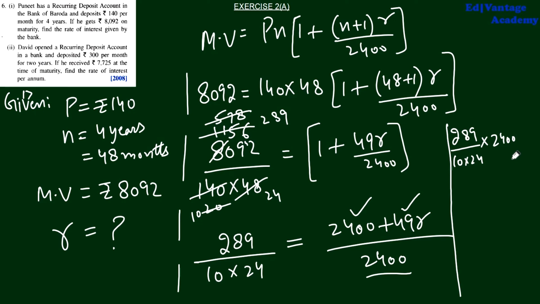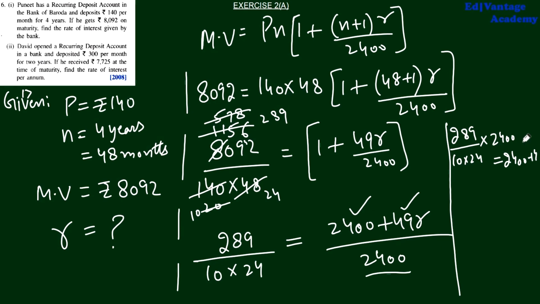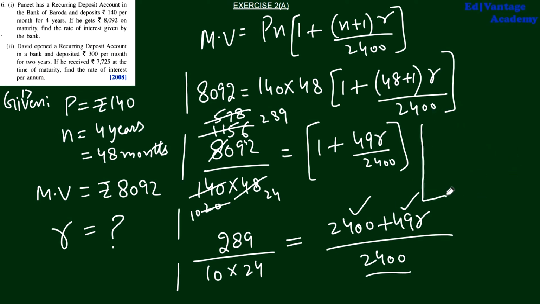Fine. So on the right side I don't have space here, so I'll write it a little down, plus 49r. Okay, let me just clear it and we'll write it again. So it is 289 into 2400 by 10 into 24 is equal to 2400 plus 49r.